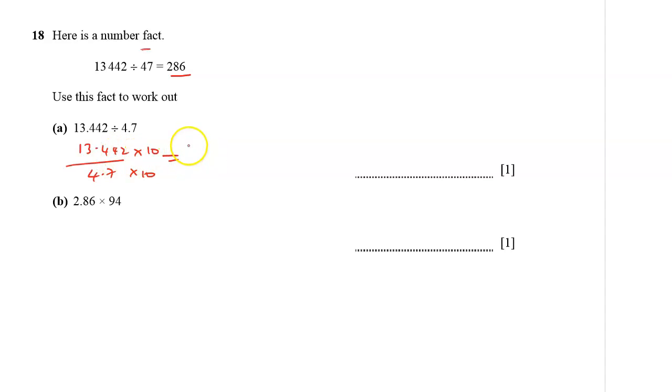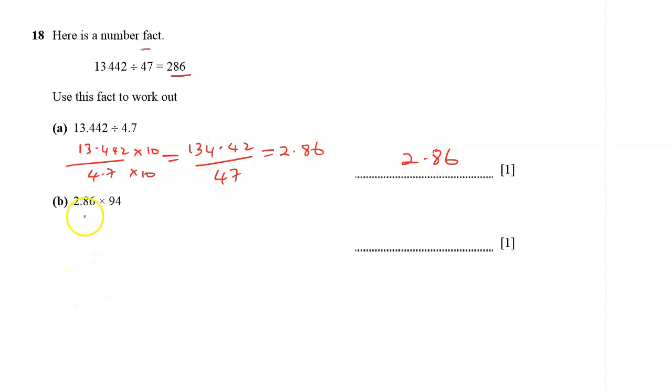So this will become 134.42, and this becomes 47. So this is now less by 100 of this number. Okay, so if this was 286, when you divide this one by 47, you'll get 2.86. You place 2 decimal points, you count 2 decimal points, you place it there, because this one has got 2 decimal points.